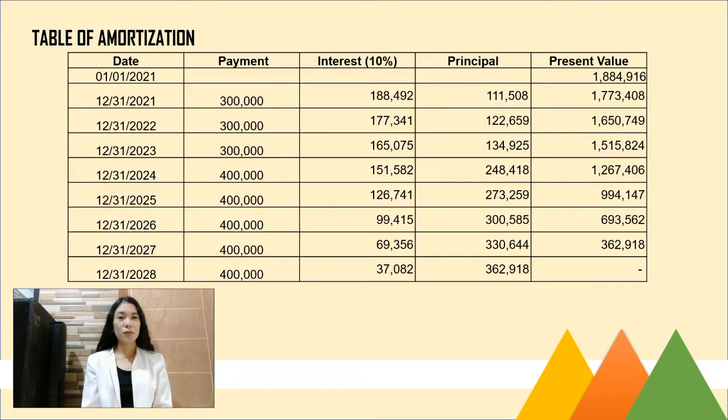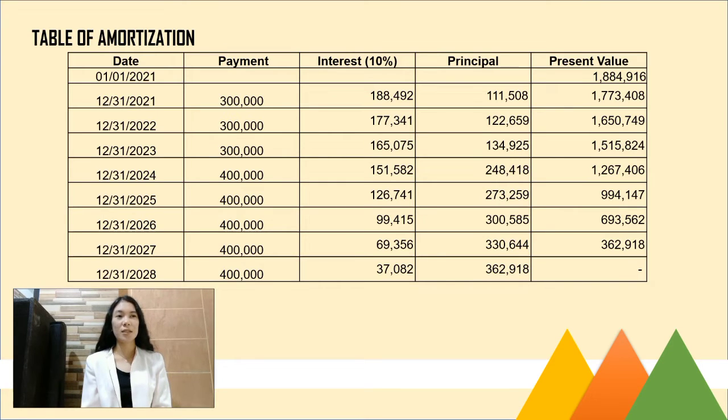So, for us to compute the interest, we have to multiply the present value or the lease liability sa ating implicit rate. So, ang example dito ay yung 1,884,916 multiplied by 10% will result to 188,492. So, that is the interest.